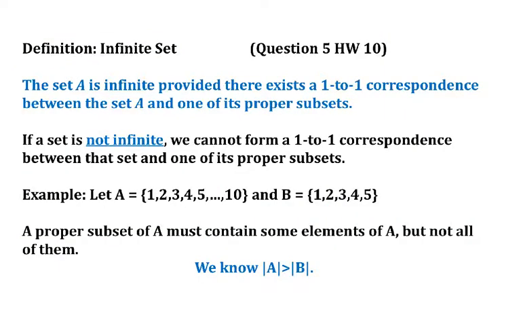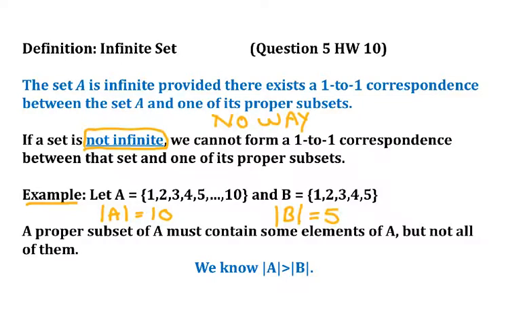Now, just to give you an example where it doesn't work, if you have a set that's not infinite, there is no way that you are going to form a one-to-one correspondence between that set and one of its proper subsets. So here's an example. A has the numbers in it 1 through 10. So the cardinality of A equals 10. There are 10 numbers in there. B has cardinality 5.